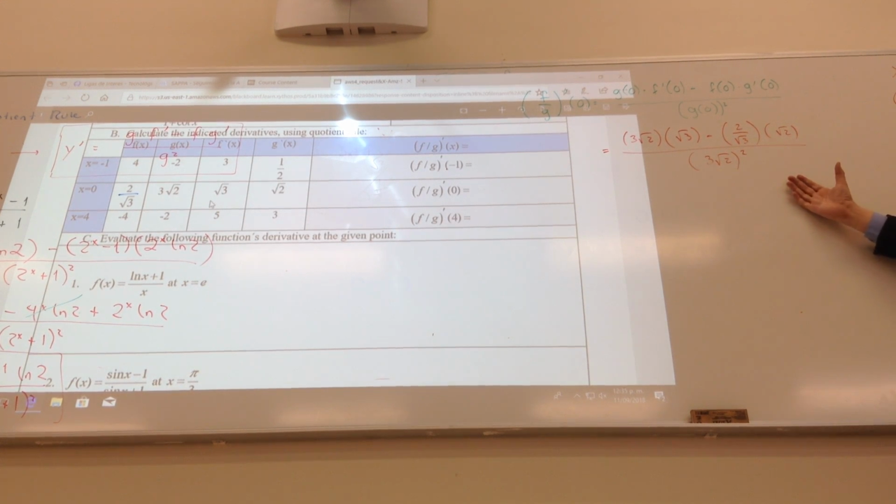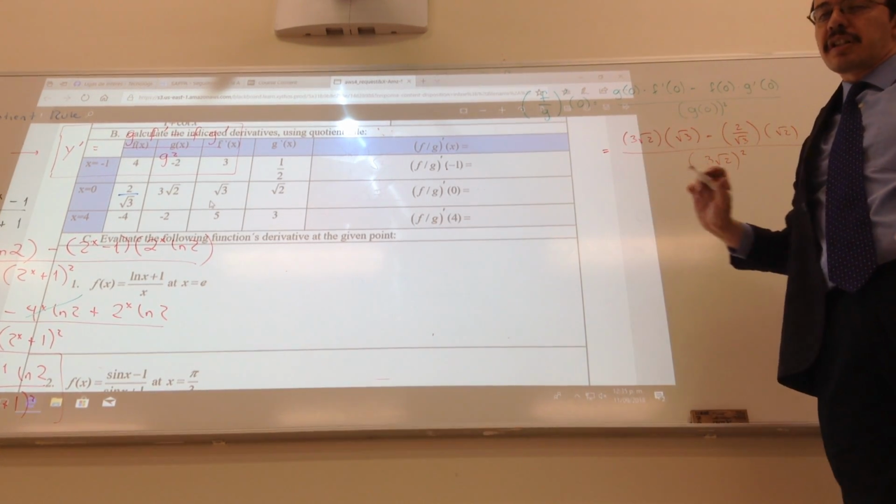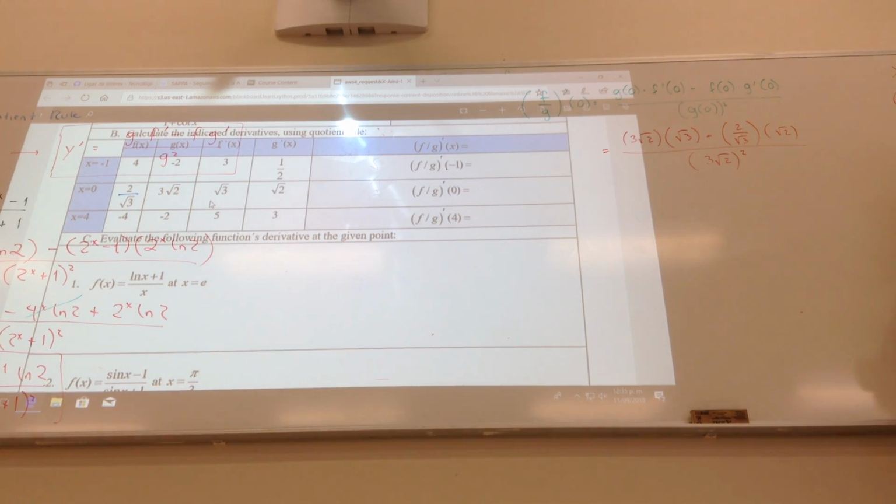Do you get that? Yeah? That's part of the procedure, so you can put it or not. That's fine with me. Okay, that's the multiply part, the derivative part.